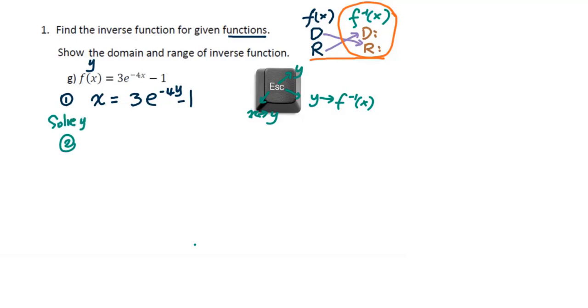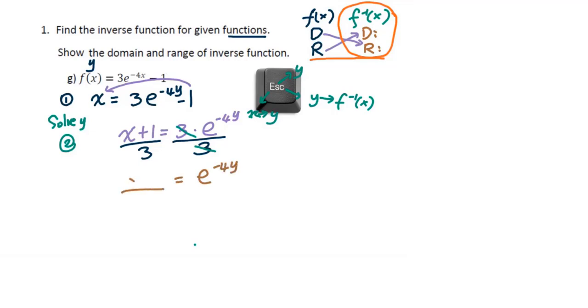You solve an exponential equation now. Isolate the exponential on one side. Therefore, I add 1 to both sides: x plus 1 equals 3 times e to the negative 4y. Then you have to divide both sides by 3. And you will get e to the negative 4y equals (x + 1) over 3.